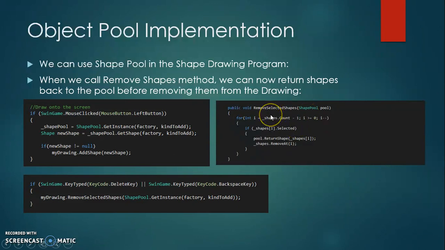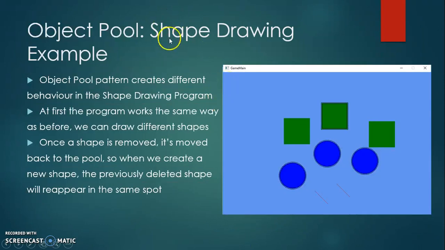Initially it would just remove all the shapes, but now, before removing the shapes, we'll return the shapes to the pool. So if the shape is selected, we just say pool.returnShape, and we pass the shape as a parameter to that method. That's pretty much what we change in our shape drawing program, and that way we implement the object pool. When we delete shapes, they return back to the pool. When we create new shapes, they are obtained from the pool.